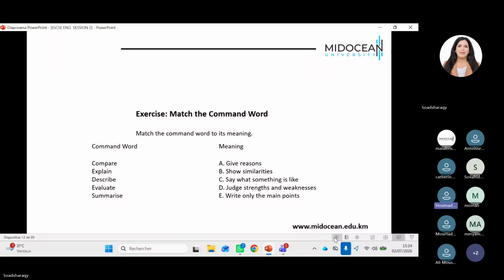Say what something is like. Yeah. To evaluate, judge strengths and weaknesses. Yeah. Summarize. Write only the main point. Okay, excellent. Well done, Aboubakar.